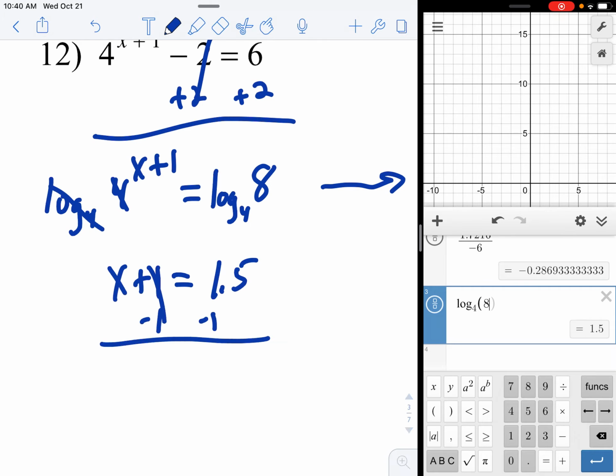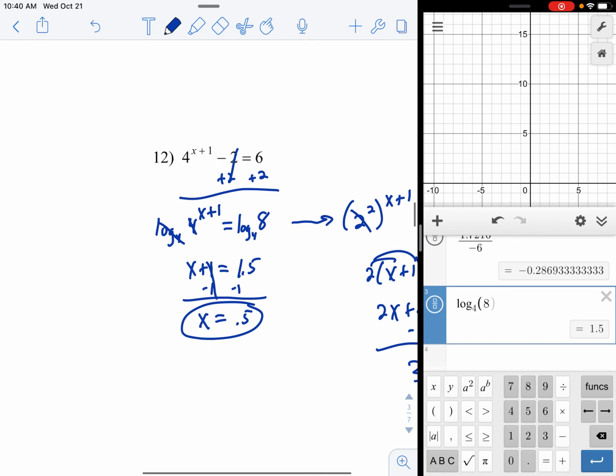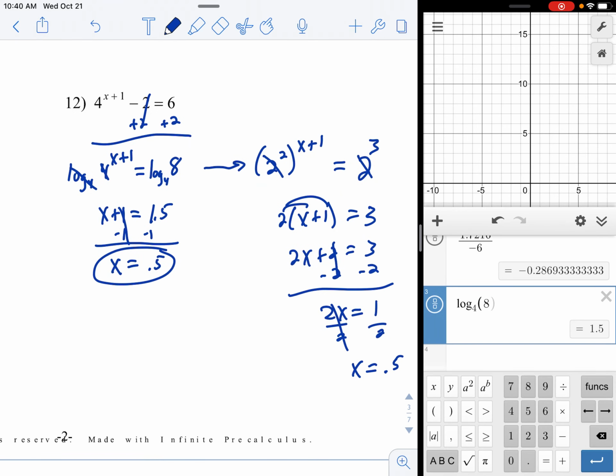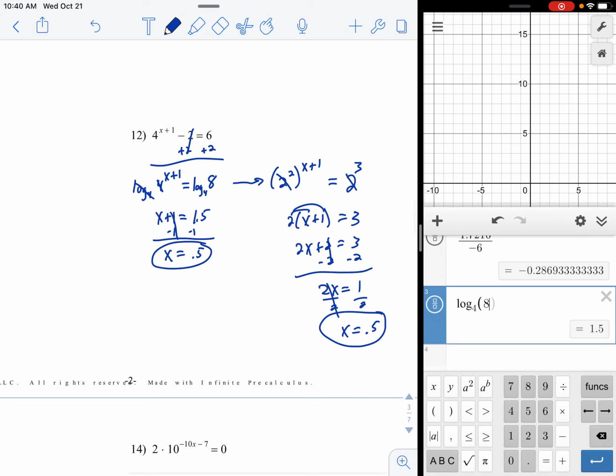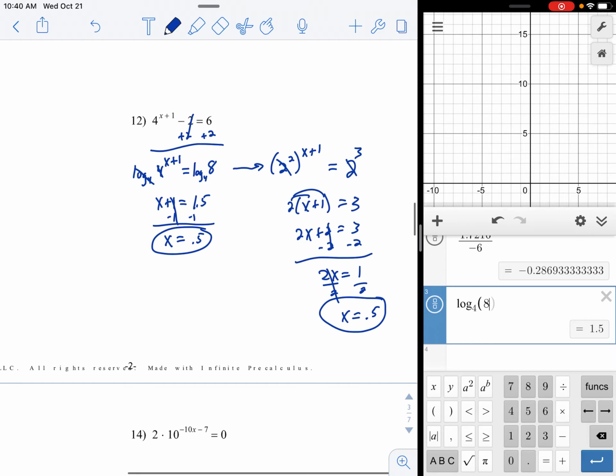Minus 1 on both sides, x equals 0.5. Same answer. To me, it looks like the logarithm answer took fewer steps to do. So for what it's worth, you generally use logarithms when you can't use the 1-to-1 property. But you can use logarithms instead of the one-to-one property if you so choose.